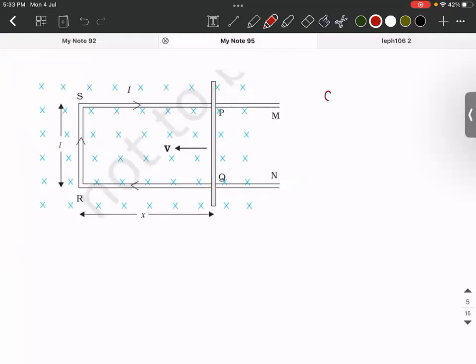So the flux associated with the region PQRS is equal to B into L into X.